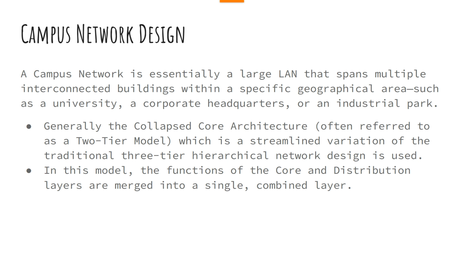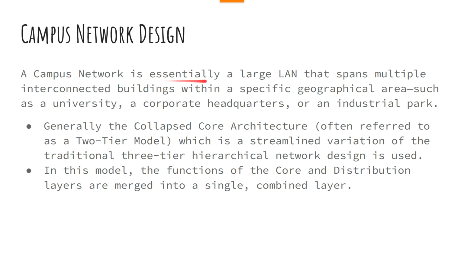In such a case, having a 3-tier architecture could actually be overkill. You don't want too much bureaucratic architecture. One reason is that if you have too many devices put together, there's a cost involved. So let's understand what this campus network design is.